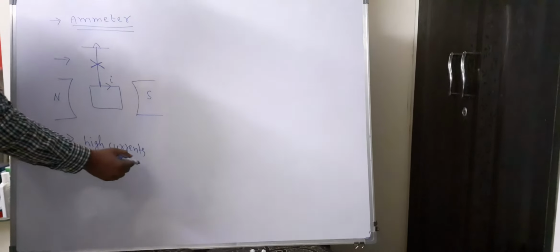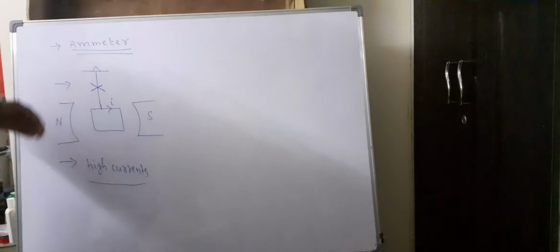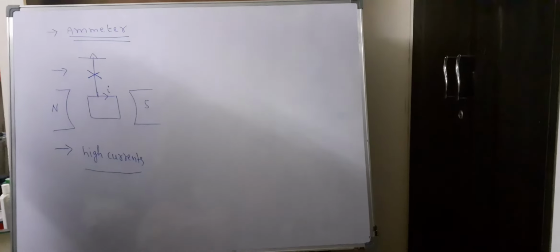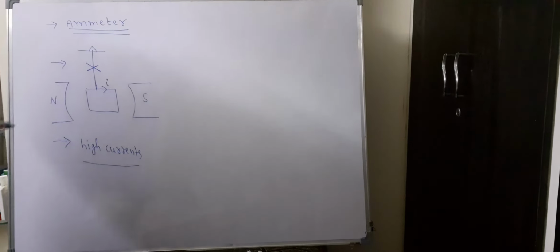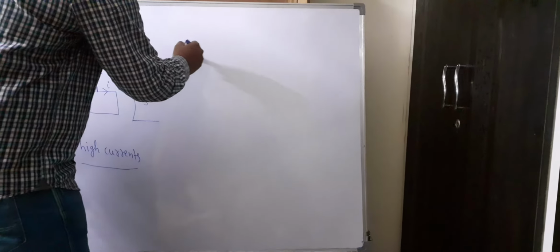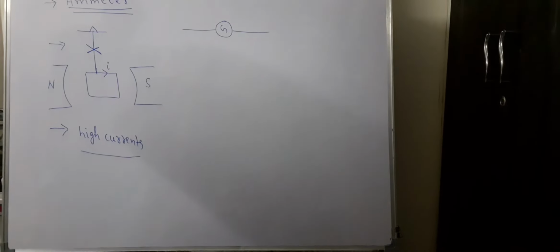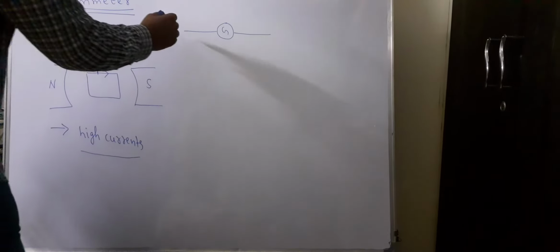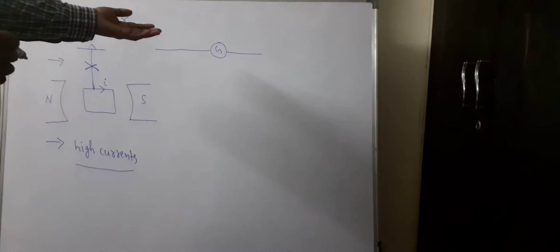Simply put, when high currents pass through the galvanometer, it may be damaged. So to protect the galvanometer, this galvanometer is converted into an ammeter. For example, this is the galvanometer. What is the galvanometer resistance? G. Here high current passing through the galvanometer may damage it.